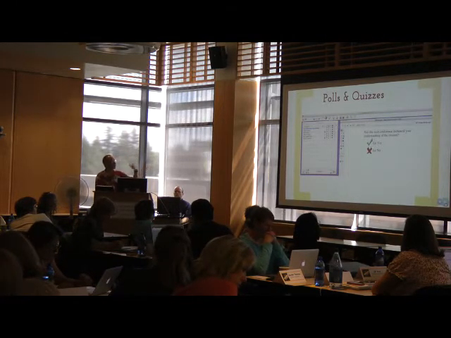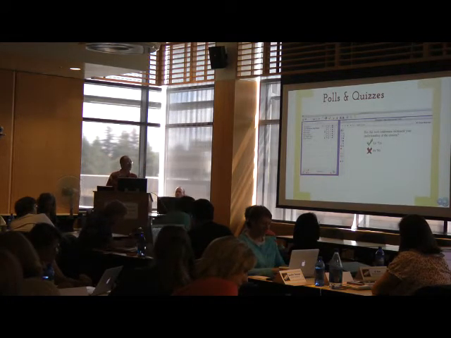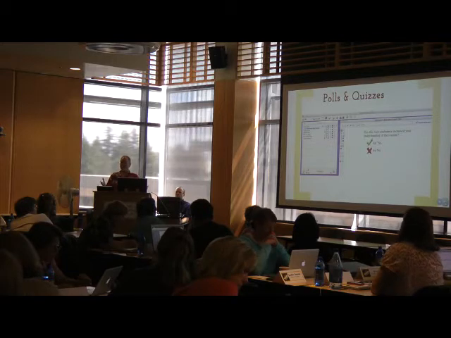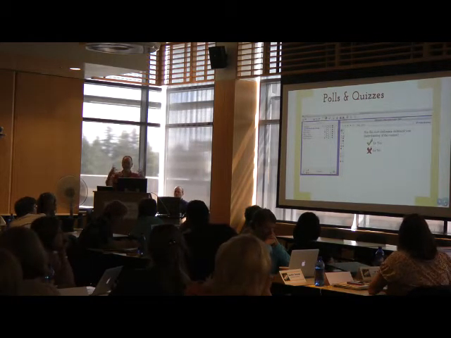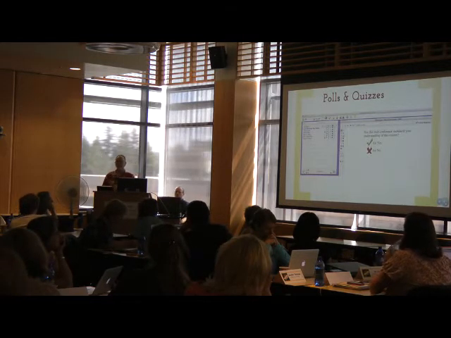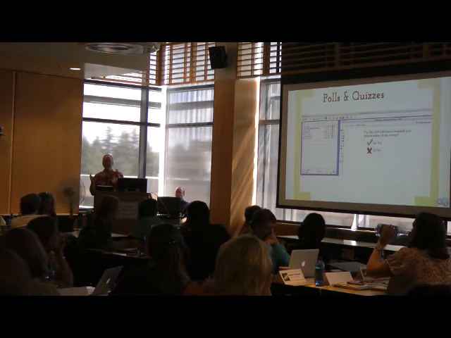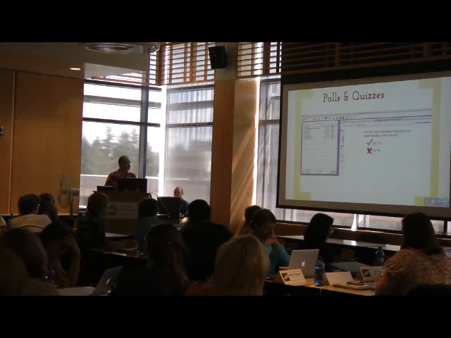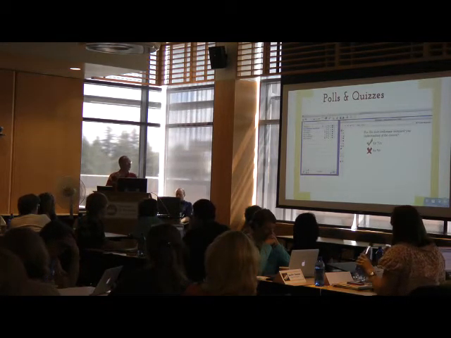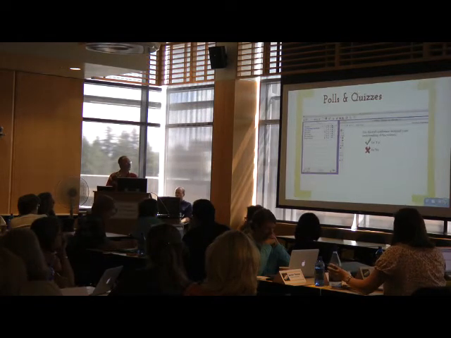So a yes/no poll is a quick way to get engagement. It forces the student also to reach out, grab their mouse, and click yes. So if they've been heading off to their email or Facebook or whatever, they have to come back and take this simple exercise of clicking on one of the options.